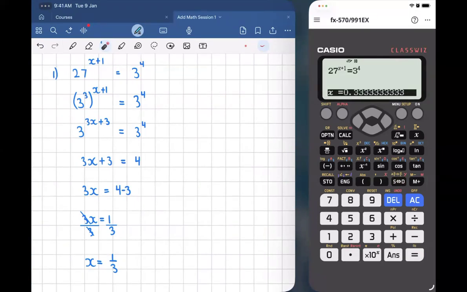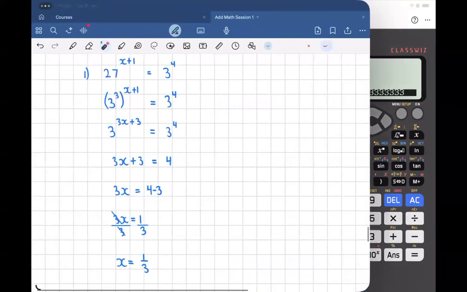And what do we know that is as a fraction? Somebody tell me, what's 0.333 as a fraction? 1/3. Right. Are you all getting 0.333 on the calculator? Yes, sir. Great. The Casio calculator is goated.